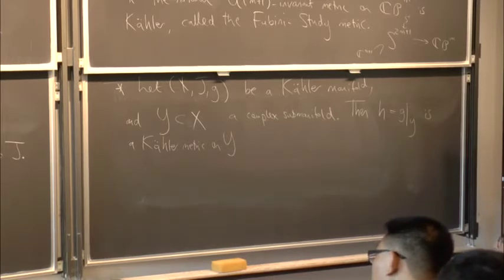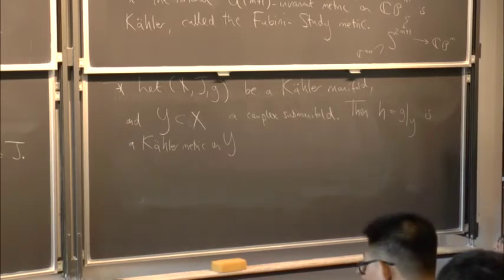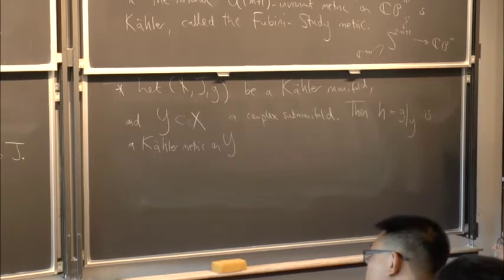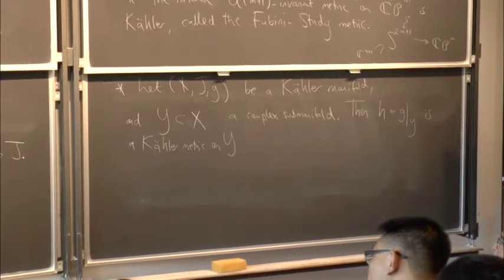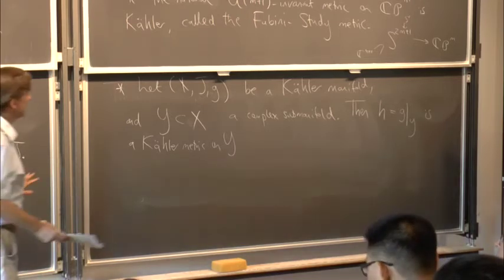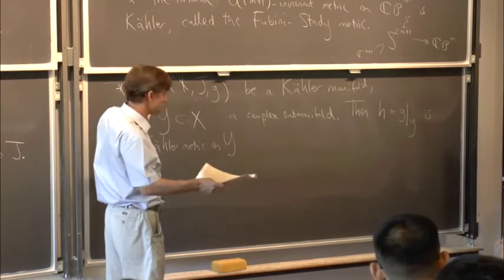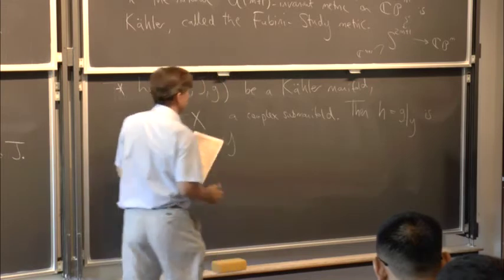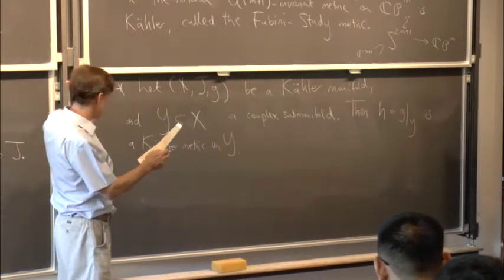The condition nabla omega equals 0 is not obviously linear in omega, because nabla itself depends upon the metric g, which depends on omega. So that looks non-linear, but this is a linear condition. And linear conditions behave nicely with respect to things like restricting to submanifolds. Okay, so this is a Kähler metric on Y.